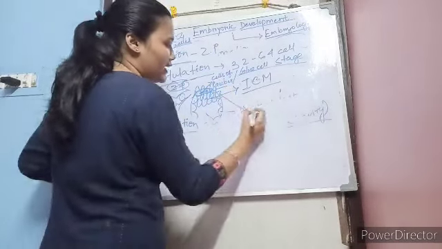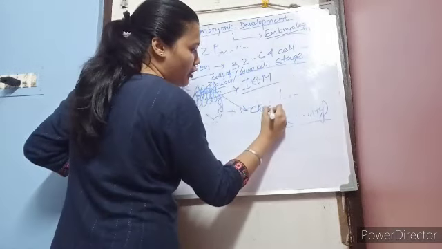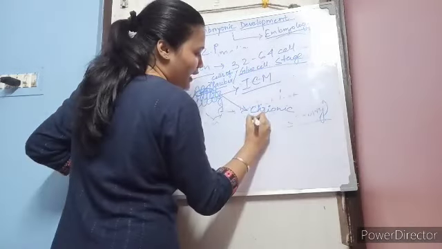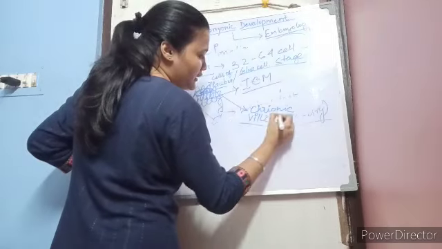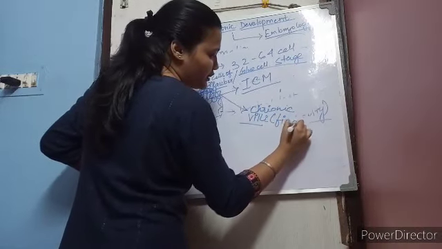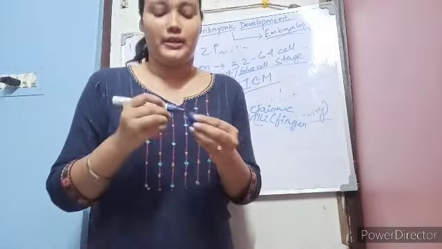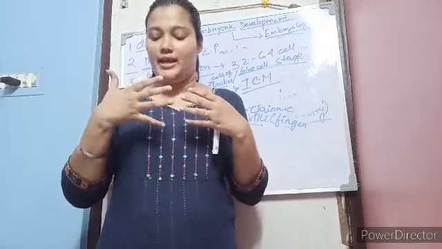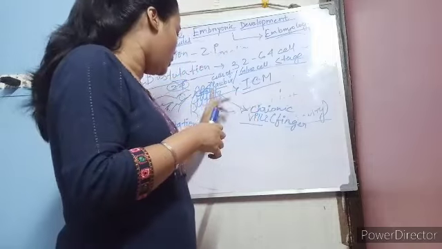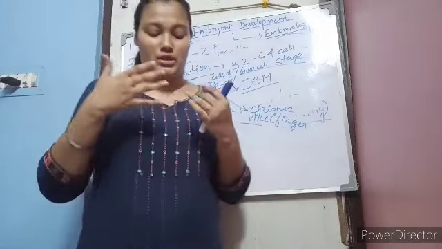This we call the embryonic villi, which is a finger-like projection of the embryo or developing blastocyst.